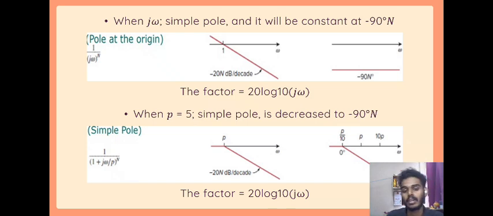So now we will examine our poles. The pole at origin, 1 over j omega, gives us a constant negative 90 degree phase shift.